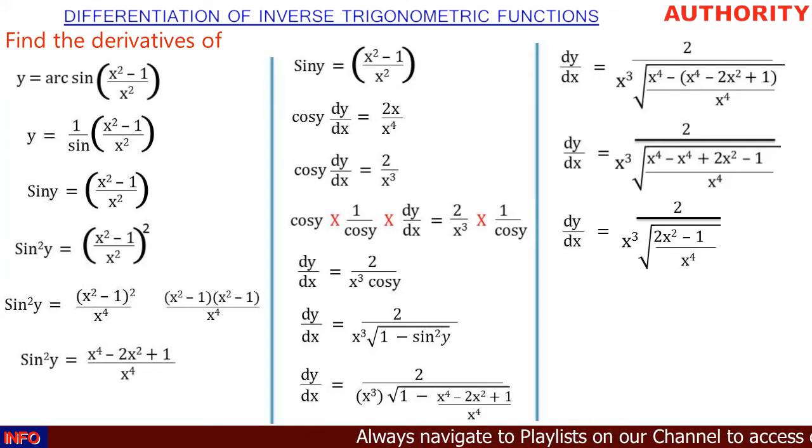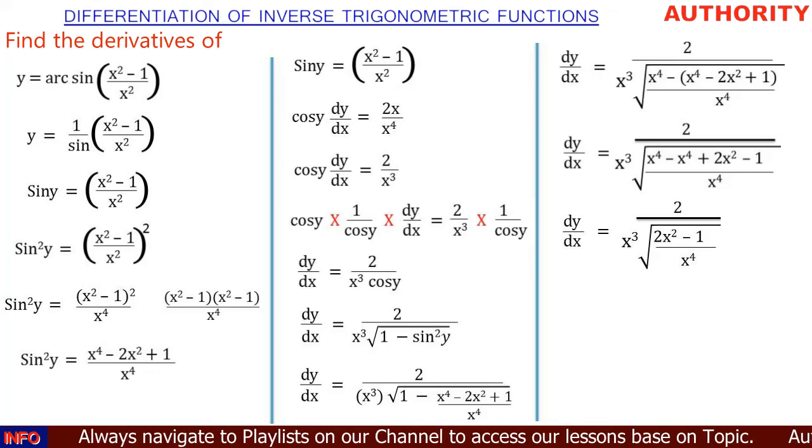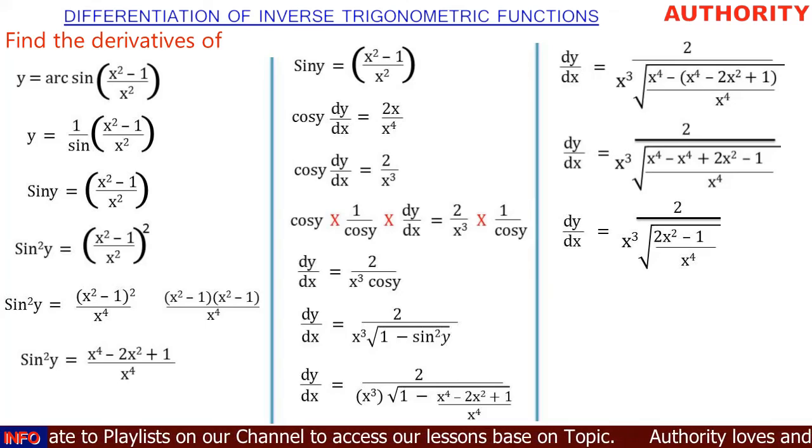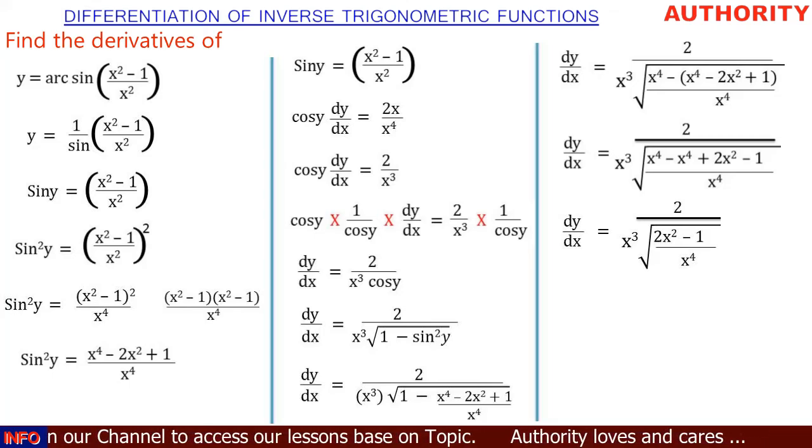Okay, so we're going to be left with 2x squared minus 1 all over x raised to power 4. So here we have dy all over dx is equal to 2 all over x raised to power 3 square root of 2x squared minus 1 all over x raised to power 4.